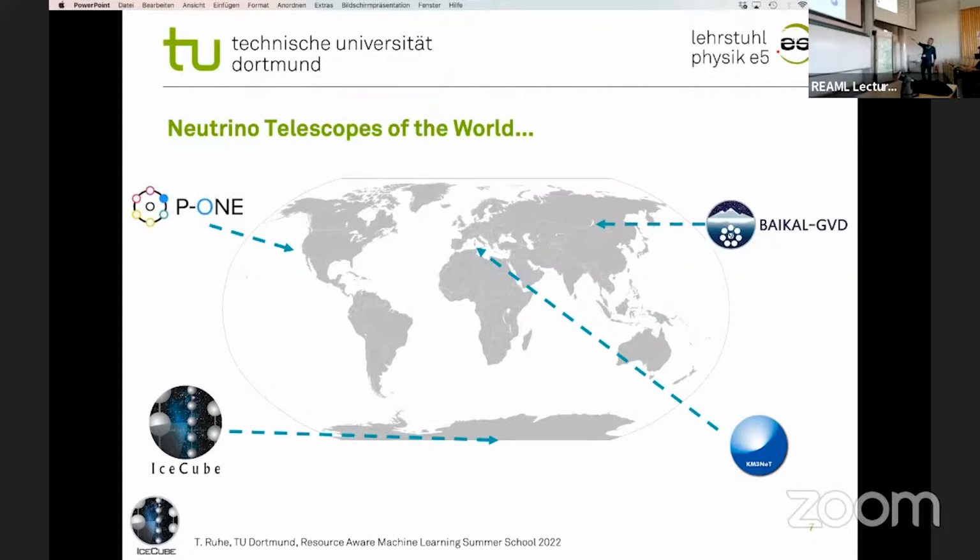And there's one under construction called P1. It's going to be built right off the coast of Vancouver. You might ask, why do we need so many of them? Well, they have a different sensitivity to different portions of the sky. That's essentially the thing. And of course, if you get funding, you can build more.